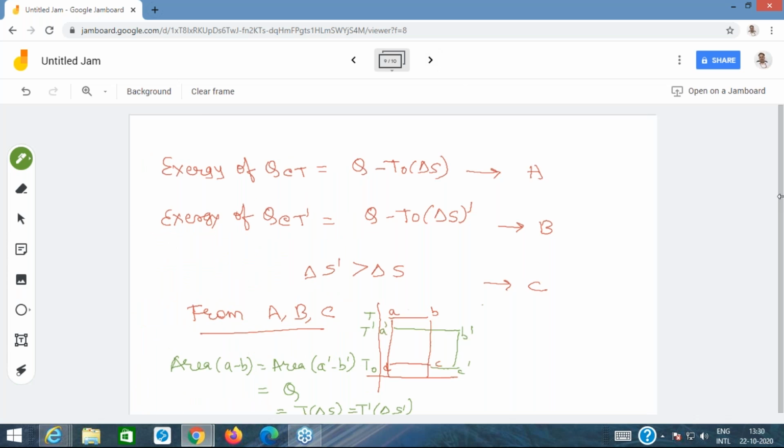So you see here that area ABCD is the available energy when the heat was at T, and area A dash, B dash, C dash, D is the available energy when the heat is at T dash. So what has happened to available energy?